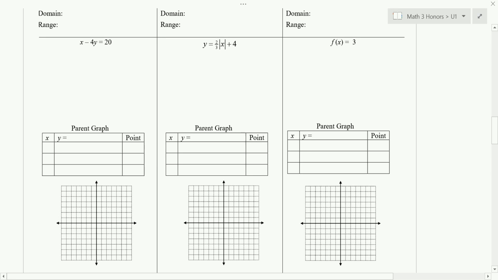Decide that right now. You two pair up. You two pair up. I'll pair up with you. So decide who's a 1, who's a 2. Okay. And we're going to work on this one here, the one in the middle, the absolute value one.